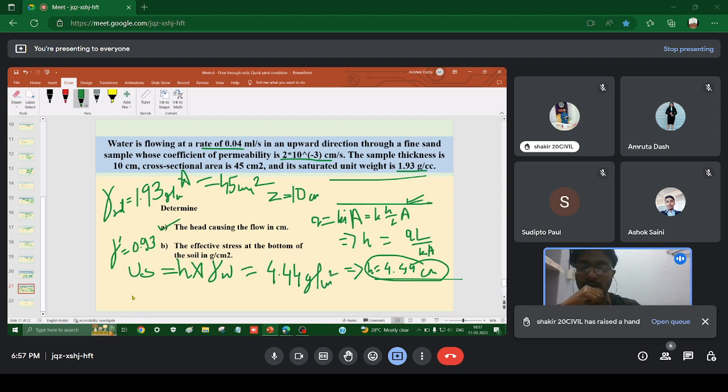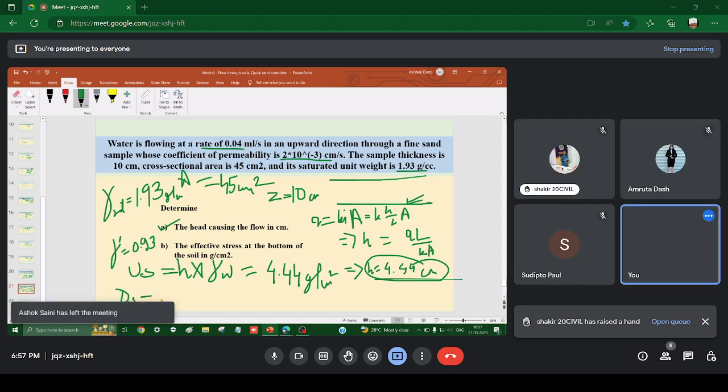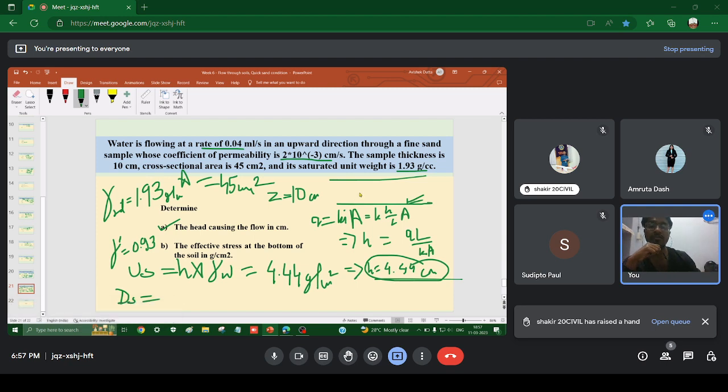Now what is the downward stress? Downward stress will be the grain to grain transfer of stress of this particular soil mass, because the soil is flowing upwards. This soil is saturated with water flowing upwards, so the saturation will have no effect on the effective stress.